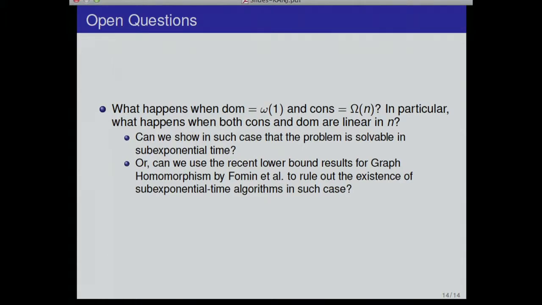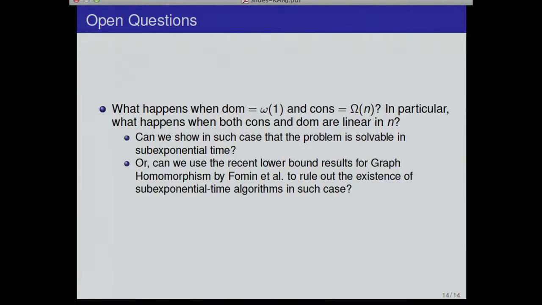Or, on the other hand, can you use some of those recent lower bound results based on graph homomorphism? Maybe you could try to model graph homomorphism using this kind of cardinality constraint CSP to get a lower bound result. But the difficulty is that those cardinality constraints are kind of restrictive in what you could encode with.